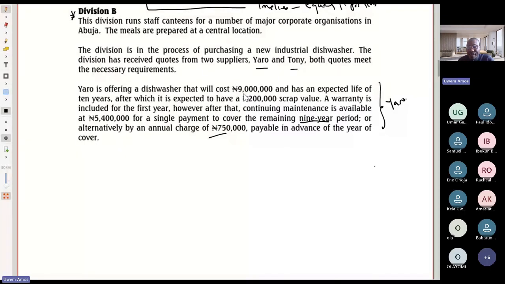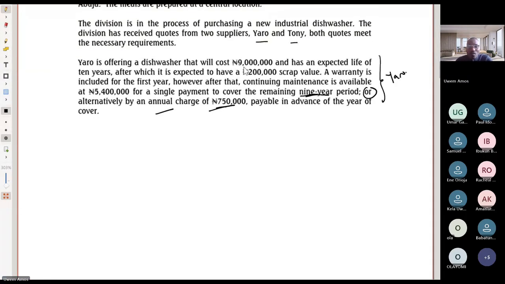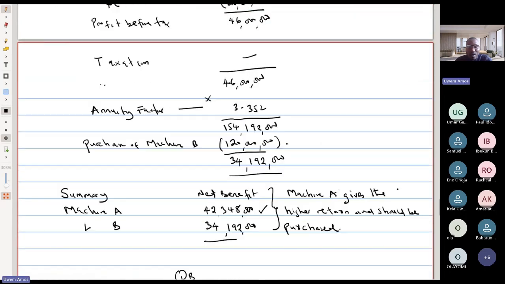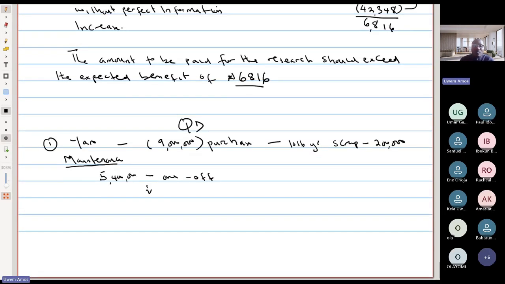Or, which is right here, we pay an annual charge of 750,000 for a period of 9 years. So that's the second proposal.